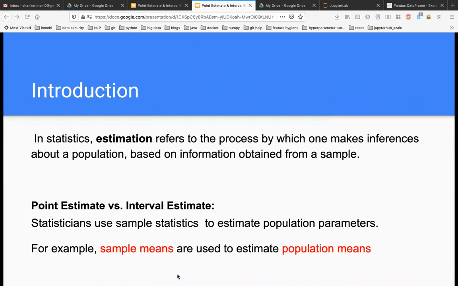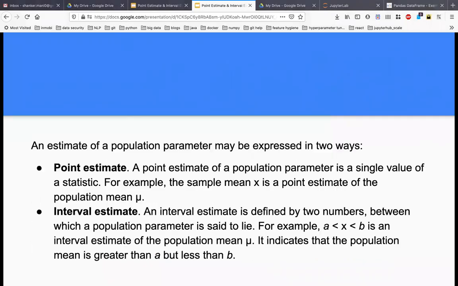So for example, sample means are used to estimate population means. An estimate of a population parameter may be expressed in two ways. Point estimate: a point estimate of a population parameter is a single value of a statistic. For example, the sample mean X is a point estimate of the population mean mu.